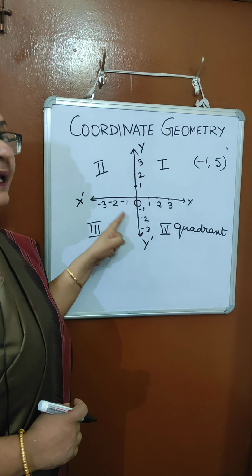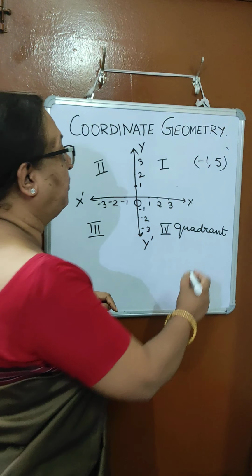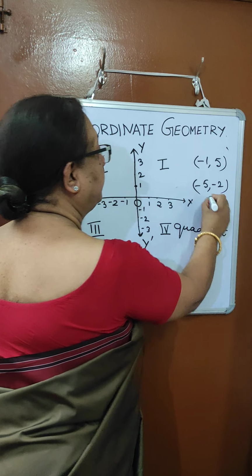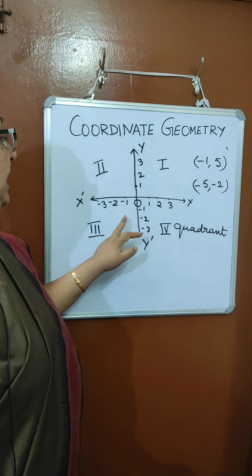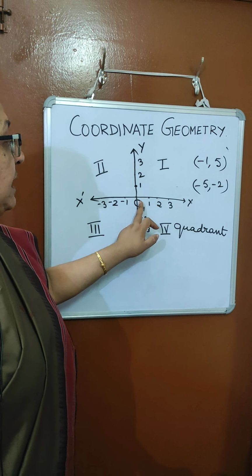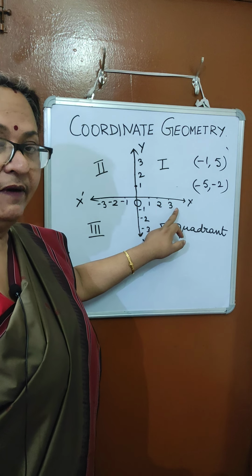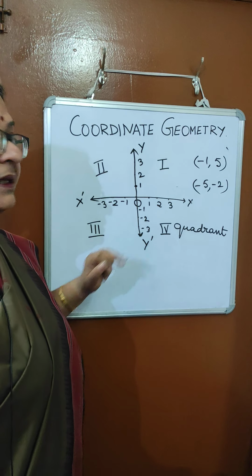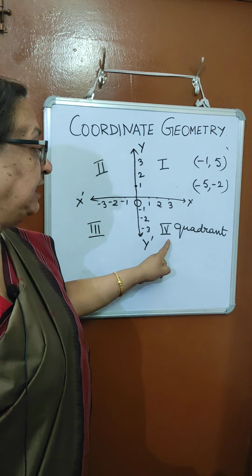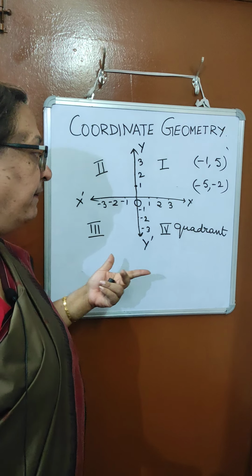Again, just see the third quadrant. Both x and y are negative. So if you have a point like -5, -2, this point will lie in the third quadrant. And what about the fourth quadrant? The x-axis has positive numbers, the y-axis has negative numbers. Any example of a point lying in the fourth quadrant? There will be many points.